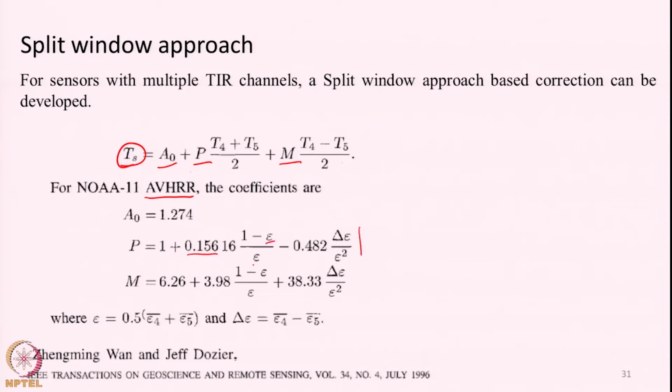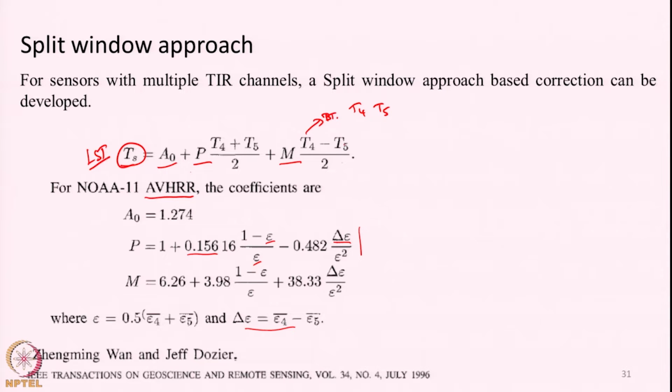Epsilon is the emissivity, delta epsilon is the difference in emissivity, and so on. T4 and T5 are brightness temperatures observed in the corresponding bands, band 4 and band 5, which are thermal channels in AVHRR. So, this equation relates the brightness temperature observed from that sensor with the actual land surface temperature.